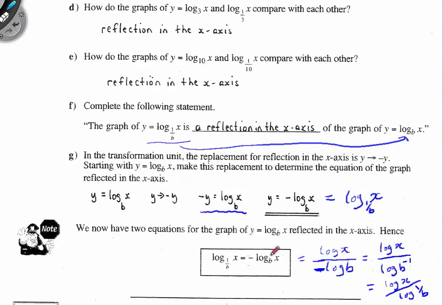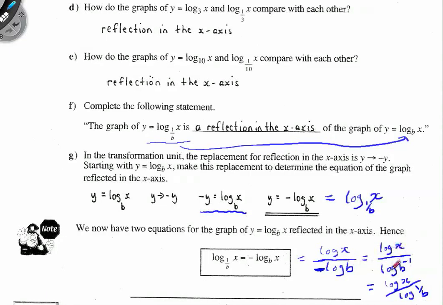So down here I've written why this is so. If you look at this negative 1 and bring it up, actually let's just put this log x over log b. So here's log x over log b, but we're putting the negative down here instead of up above. When we do this, we can bring this negative, really negative 1, up as an exponent with b.